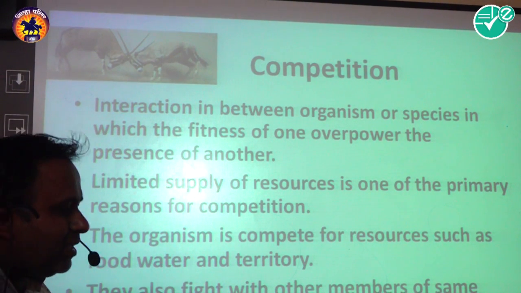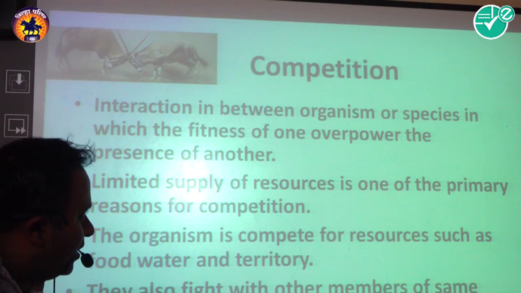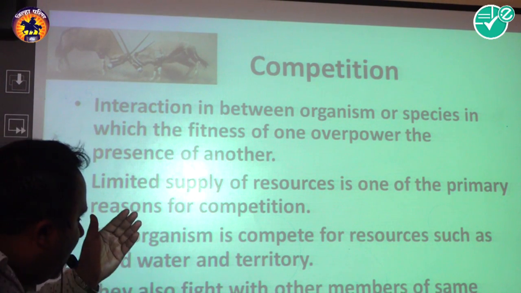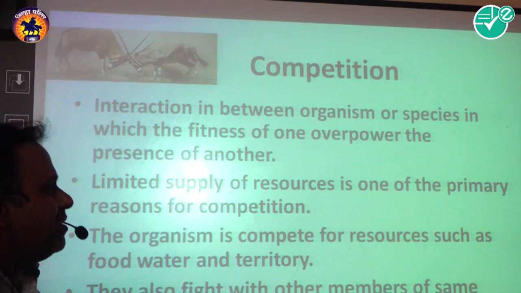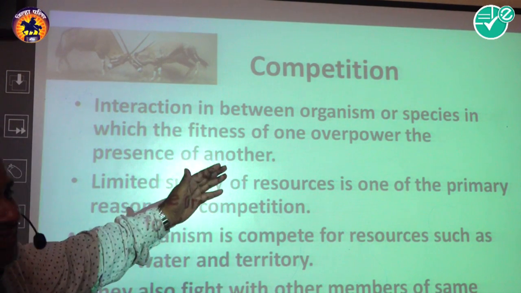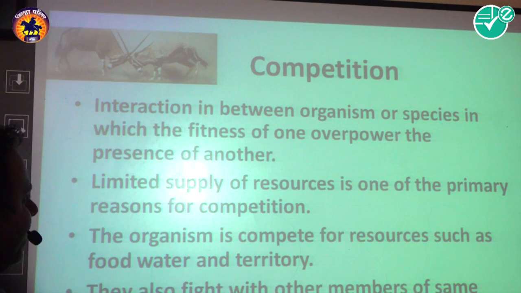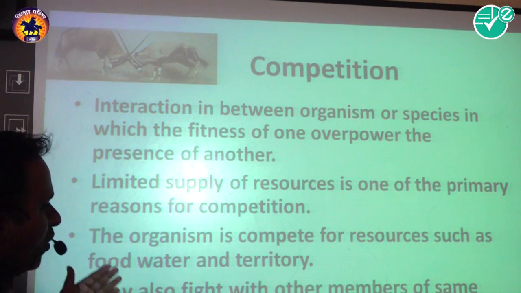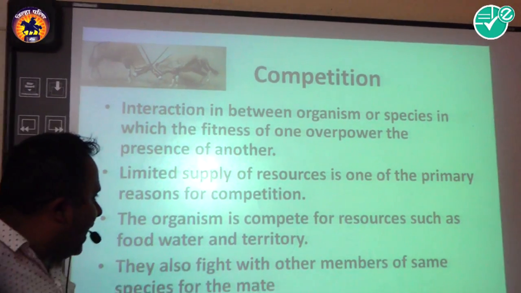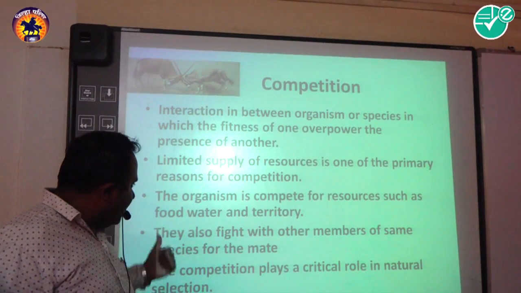Means in animals, when the resources are less and the population is high, competition takes place. Organisms compete for resources such as food, water and territory.